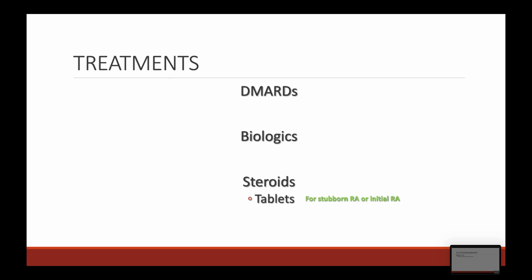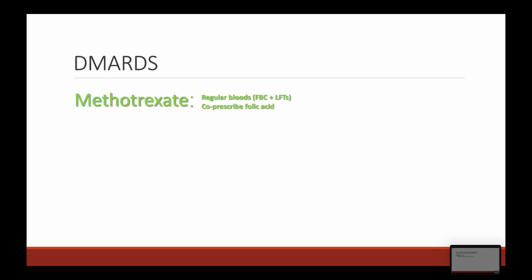So in terms of DMARDs, as well as that, you've got the biologics, and steroids, especially taken orally for stubborn rheumatoid arthritis, as well as injections for large joints. The main DMARD we would consider is methotrexate, for which you need regular blood tests, especially full blood count and LFTs, as it can cause agranulocytosis, and it can lead to deranged LFTs.